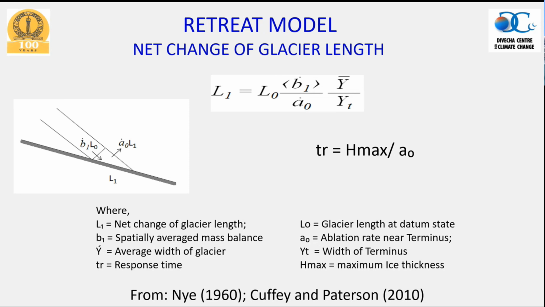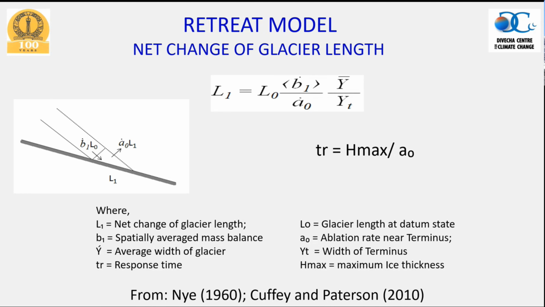So there are two critical parameters in this. One parameter: what is L0? L0 is the length of glacier in datum state. So what is the meaning of the datum state? It is very crucial for us to understand. Datum state is an imaginary state of a glacier where, for a given mass balance, the glacier will attain a certain position at which it will neither increase nor decrease.